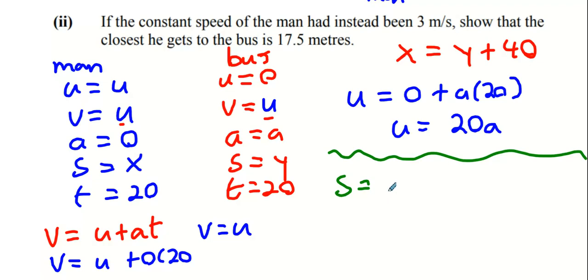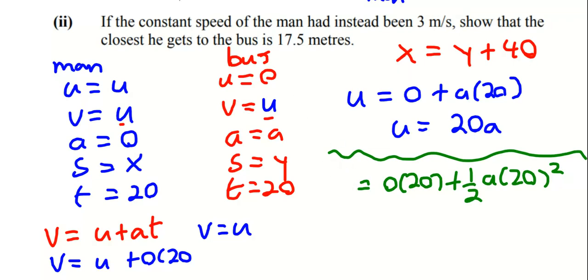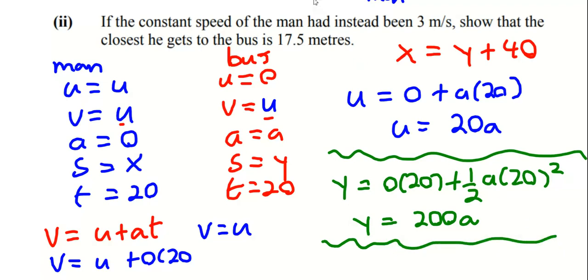It's 0 times 20 plus a half times a times 20 squared. What do we replace s with again? The letter y, right? And what do we get? 400a over 2, which is going to be 200a, anybody?